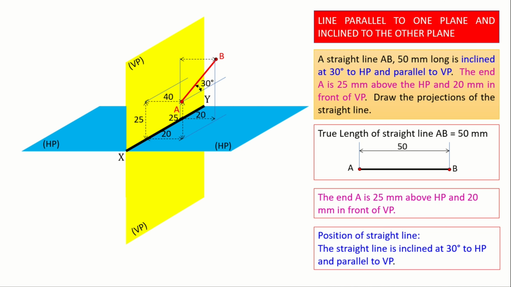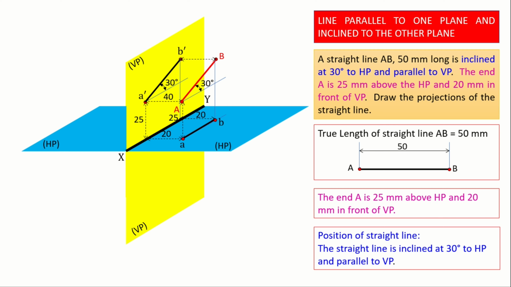The straight line is inclined at 30 degrees to HP and parallel to VP. The front view of this line, A dash B dash, is seen on VP, where the point A dash is 25 mm above XY. The line A dash B dash is inclined at 30 degrees to XY, and its length is equal to the true length, 50 mm.